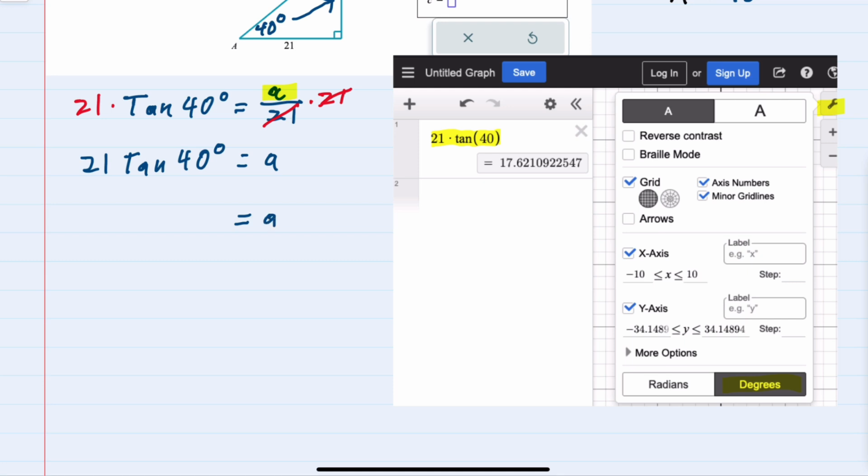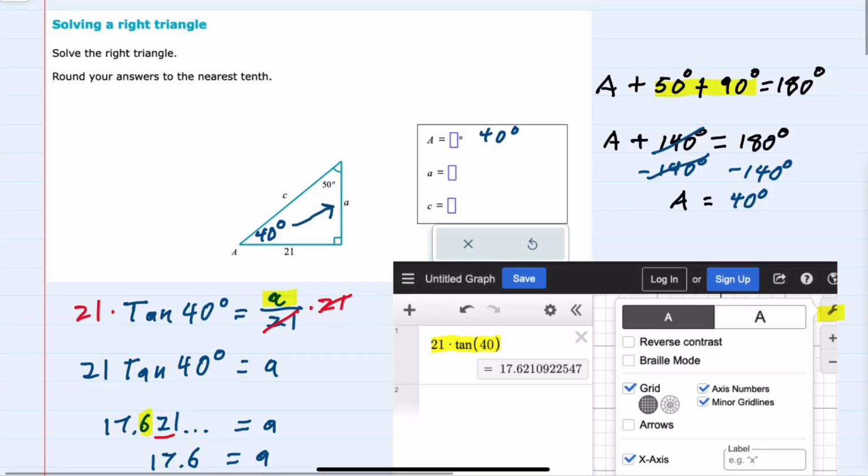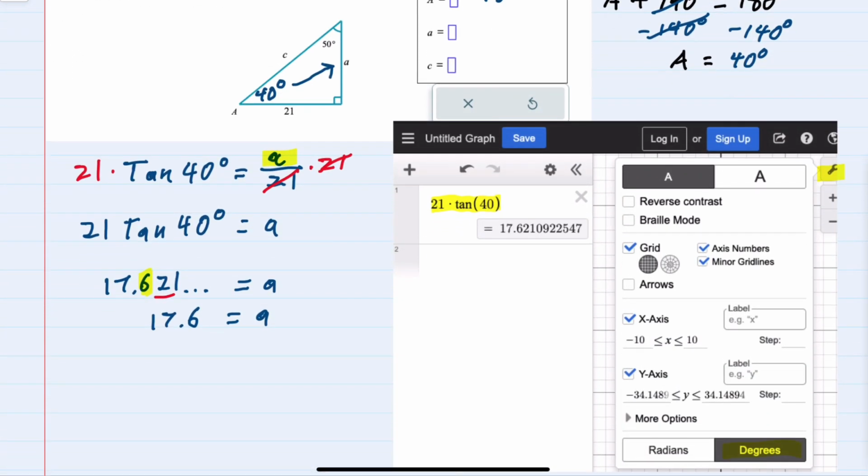We get 17.621 and so on. However, the instructions were to round to the nearest tenth. So rounding to the nearest tenth place, behind the tenths place is a 2, so I will round down to 17.6 being the measure of a. We were not given any units, so I'll just put 17.6 as the length of a.